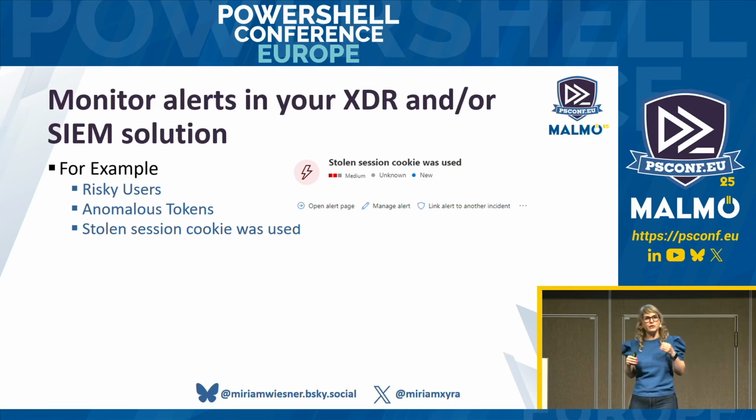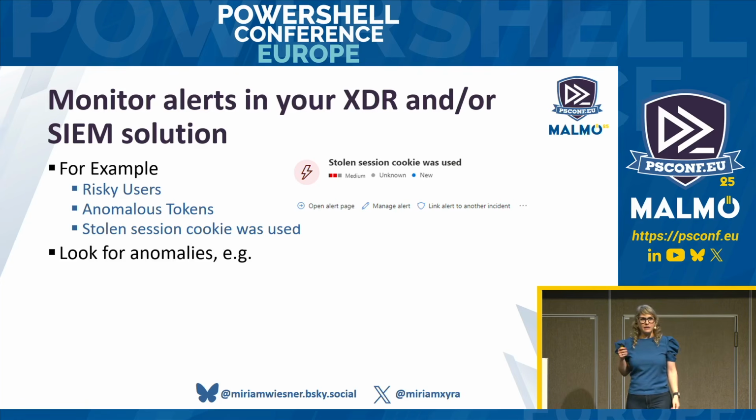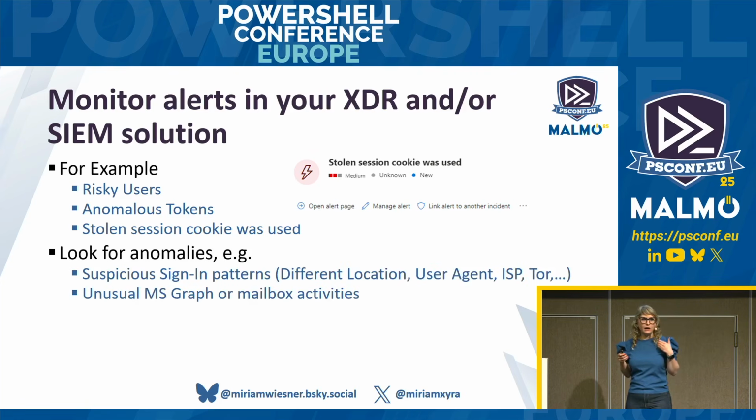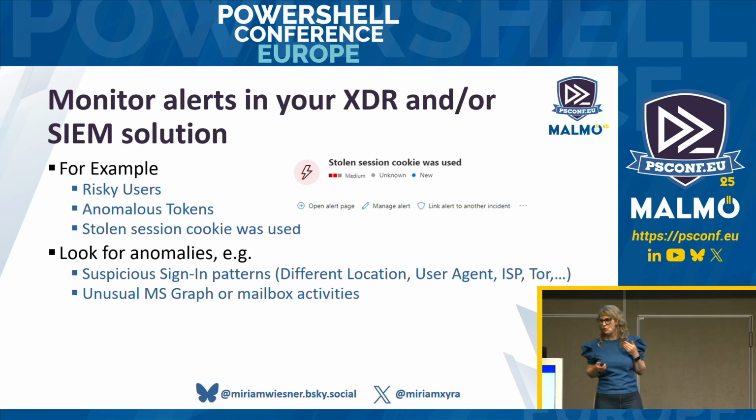So there are also other parameters why a user is considered a risky user, but this is just to explain. And anomalous tokens, or if a stolen session cookie was used. In some cases, you only have a theme, or are building your own detection rules.